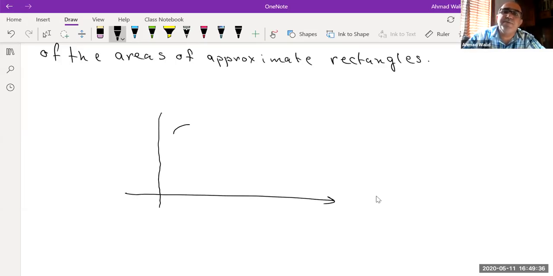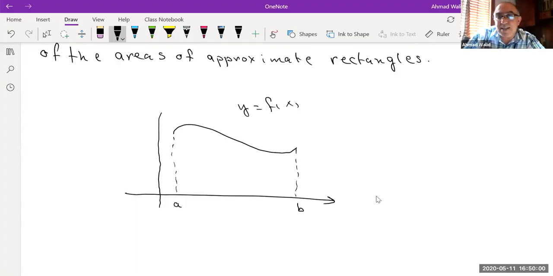Let's say this curve. First of all, is this a continuous curve? Do you see any hole or break in it? No, this curve f is continuous, right? y equals f of x. That's why I use a continuous function. The area under this curve is the limit of the approximating rectangles.